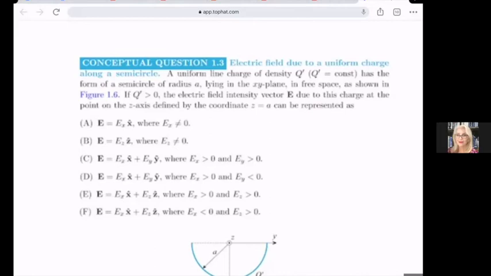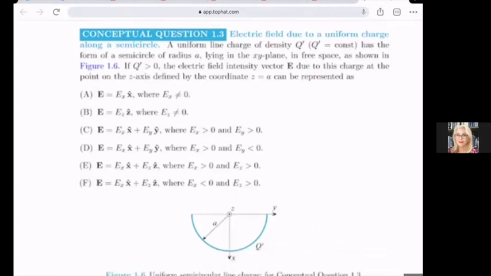No, the problem is the fact that z is A does not say that your line charge is at z equals 0. Okay, it's on the XY plane. Now, why it gives z equals A, I don't know why. It's from a book that has a number of conceptual questions.